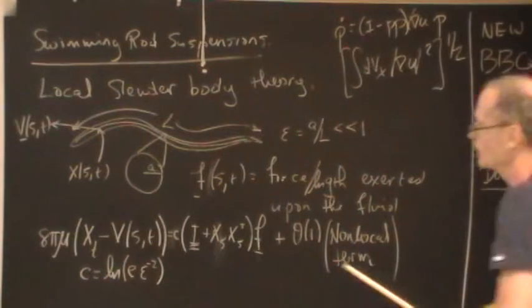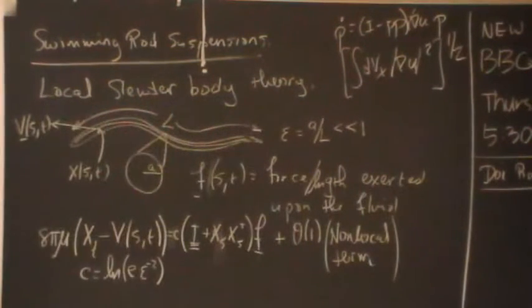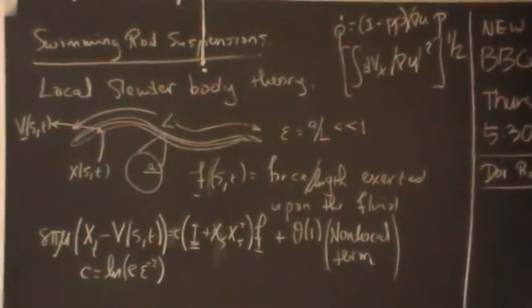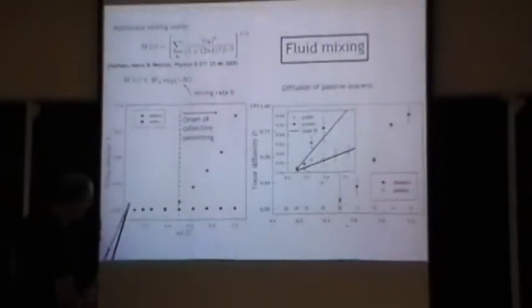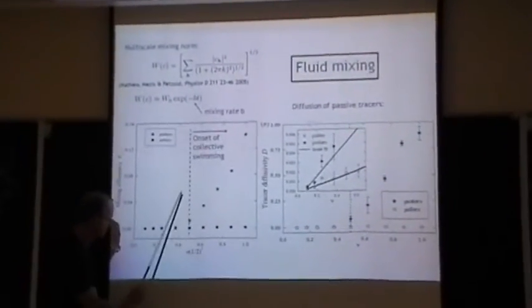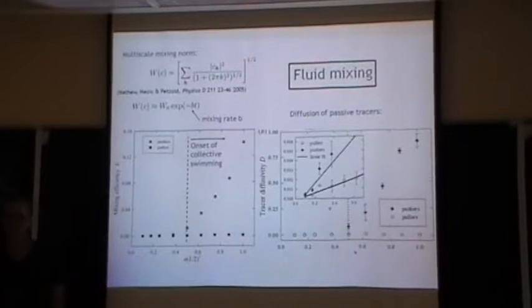But on the other hand, if you look at other things, like the rate of mixing in this system, as measured by something called the multi-scale mixing norm, there's a pretty clear bifurcation for the case of pusher suspensions. At around 0.5, you start mixing the fluid. You get a change.